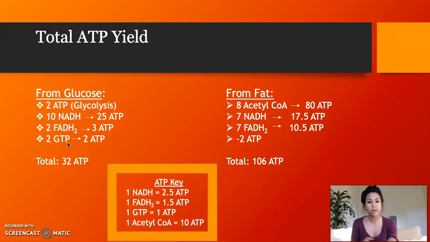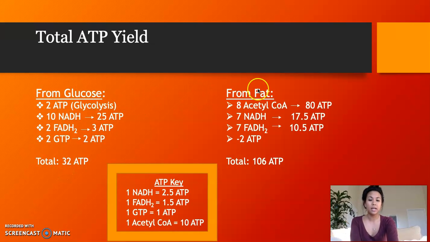So we discussed 1 pyruvate, and now we're adding the second pyruvate, and this is our total yield. Now over down here is our ATP key, where we have how much ATP is produced from what product. Now, if you add all of these numbers up, you end up with a total of 32 ATP from glucose.